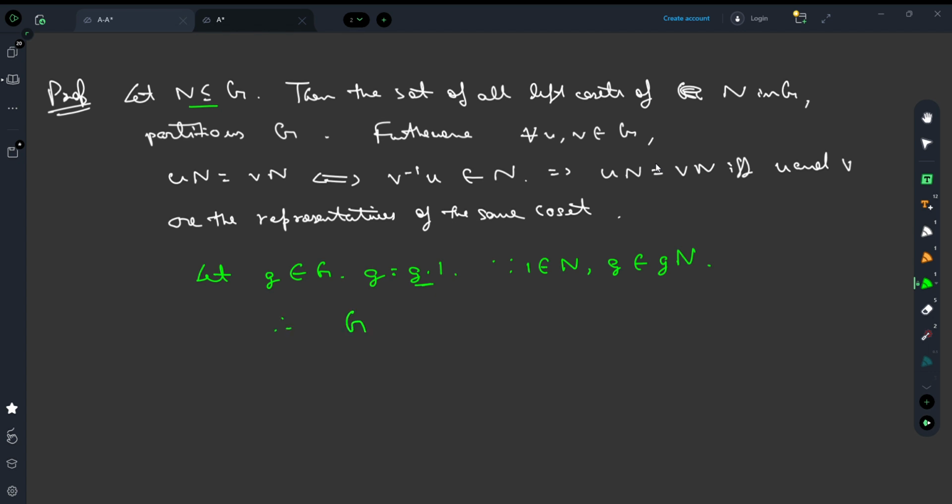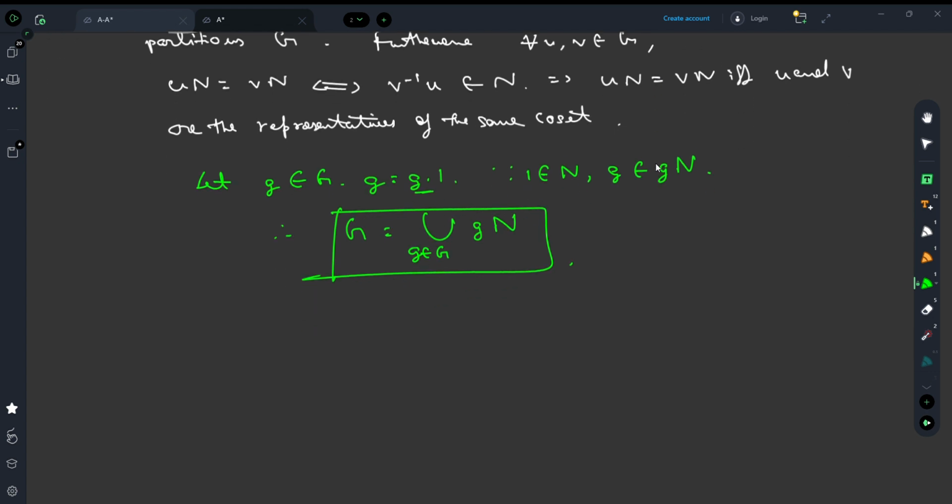Therefore, G is a union of all these gN where g varies over the elements in capital G. So it just suffices to show that these sets, these left cosets, if they're non-empty, then they're identical. That's it, what we only need to show, right?